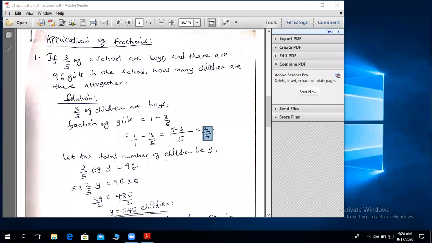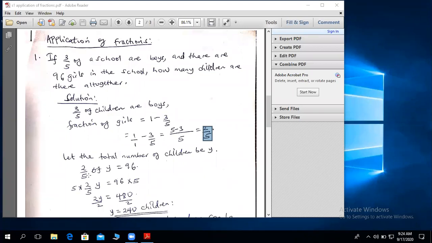Let the total number of children be y. That means if I get 2 out of 5, which is the fraction for girls, and I multiply it by y, the answer I get is 96, which is the number of girls.